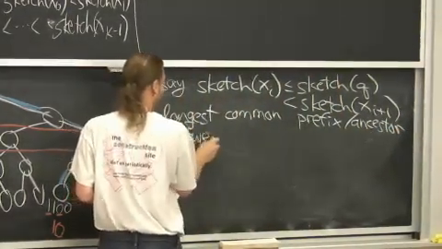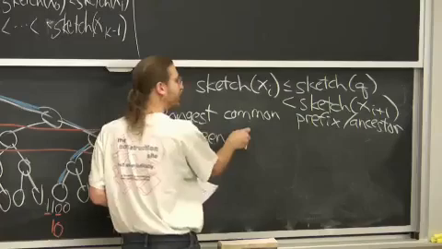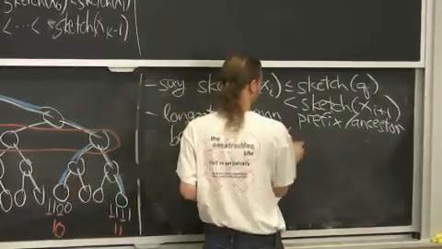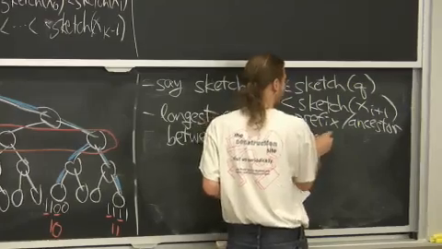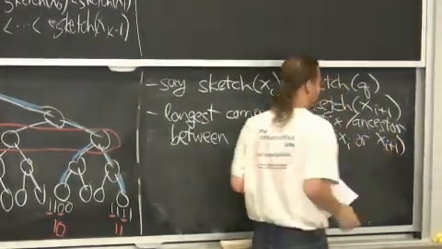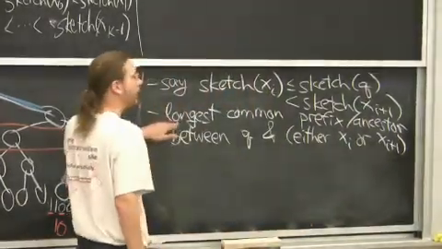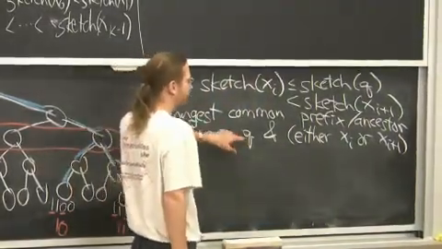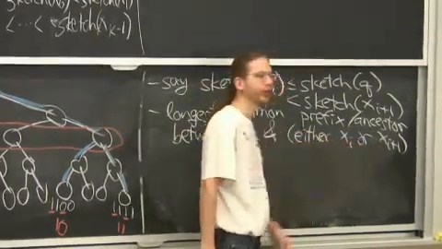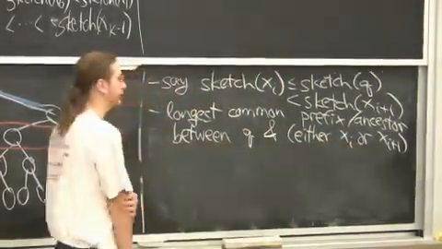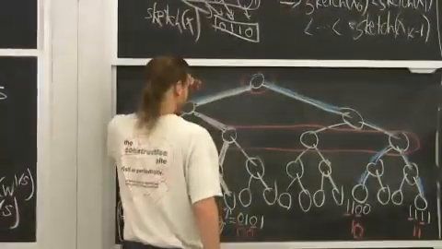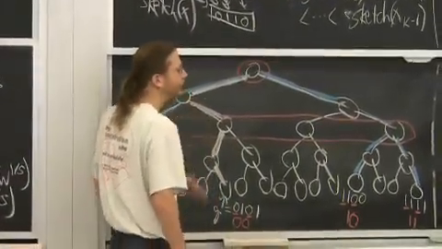So I want to compare q, not sketch of q, but the real value q, and either xi or xi plus 1. And what I want is the longest. So I look at the longest common prefix of q and xi. I look at the longest common prefix of q and xi plus 1. Whichever of those is the longest, that's my longest common prefix. In the tree, it's the longest common ancestor, or lowest common ancestor, sorry.